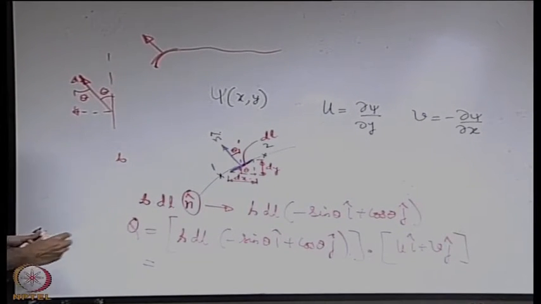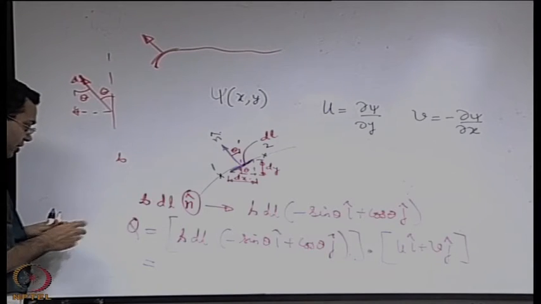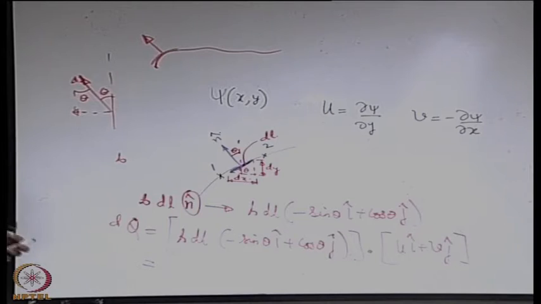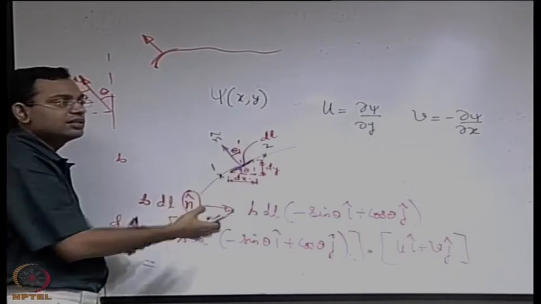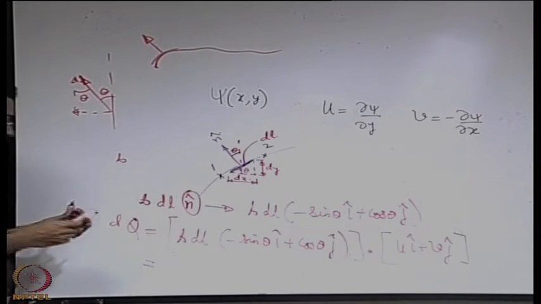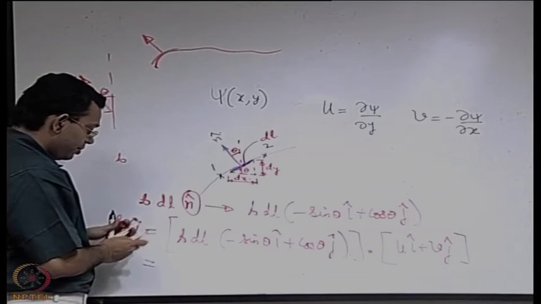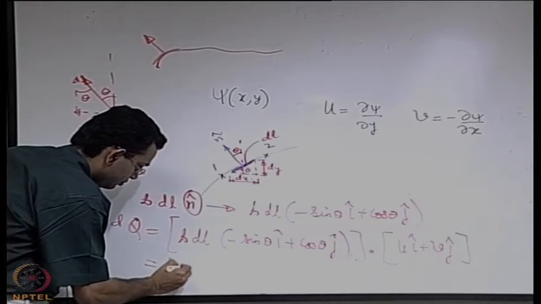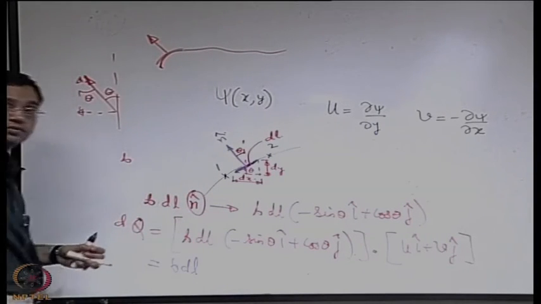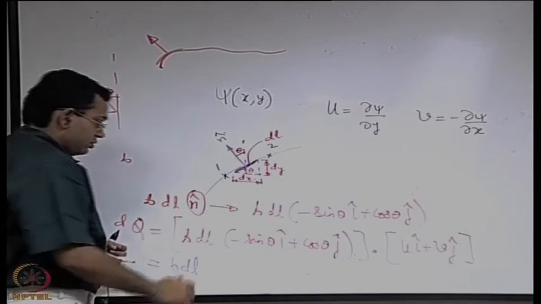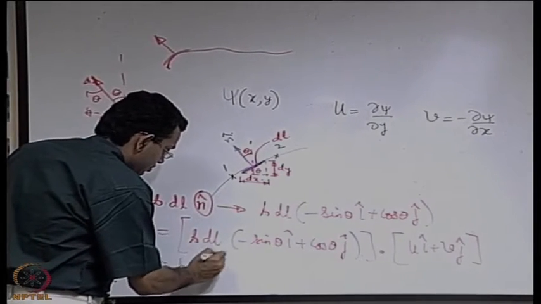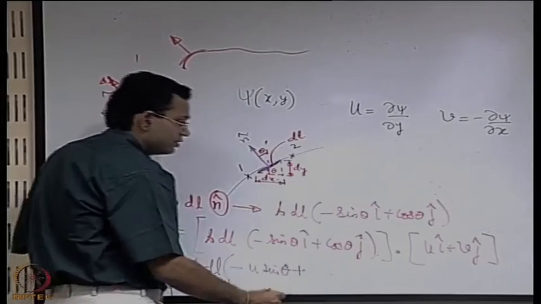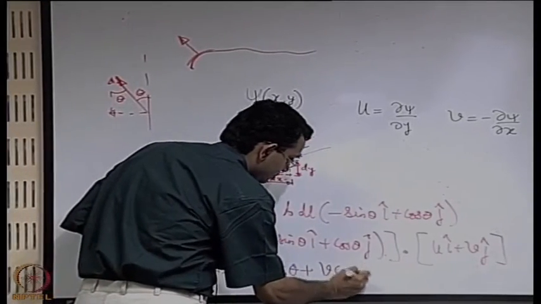So, let us call it maybe dq, because we are talking about a small length, and the flow rate across this small length is expected to be small. So, the next step of simplification, it will be b dl times minus u sin theta plus v cos theta.